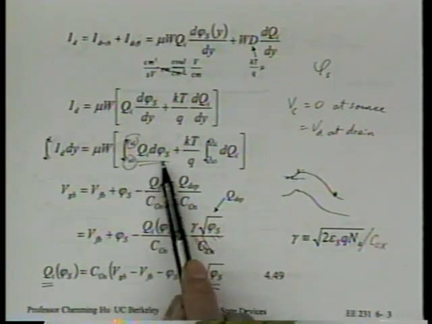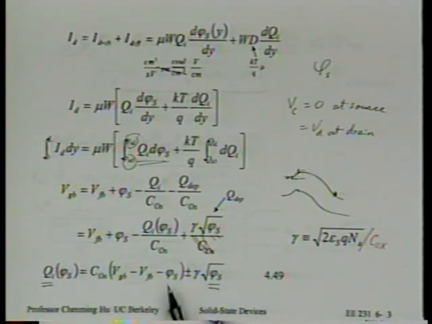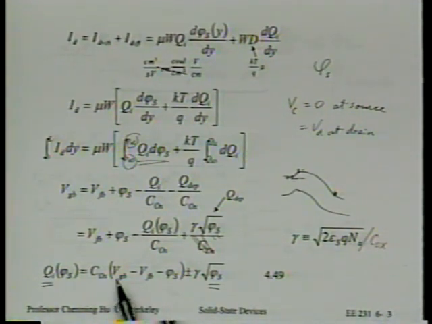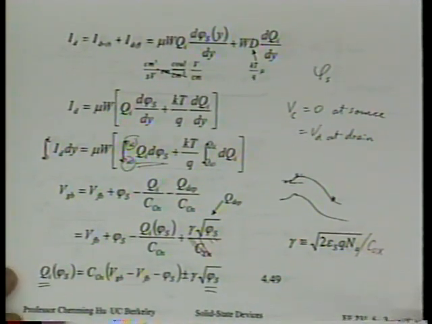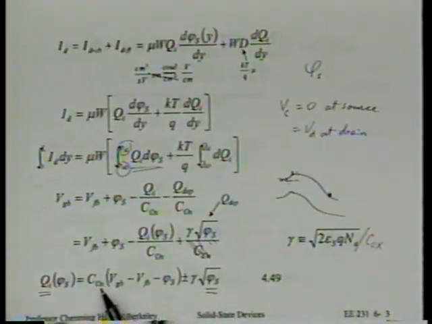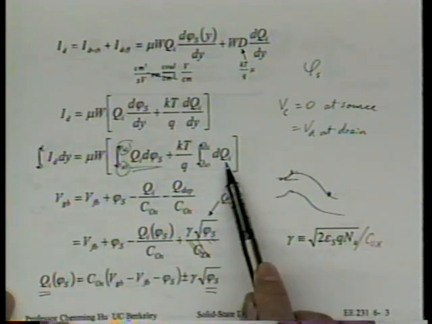You expect to get a phi s squared term, and you expect to get a phi s to the three-halves term, is that right? And you also expect to get a phi s to the first power term. Following what I'm saying? Okay. And indeed, you will get this. Maybe I should also point out, by the way, this equation is also useful to evaluate this.